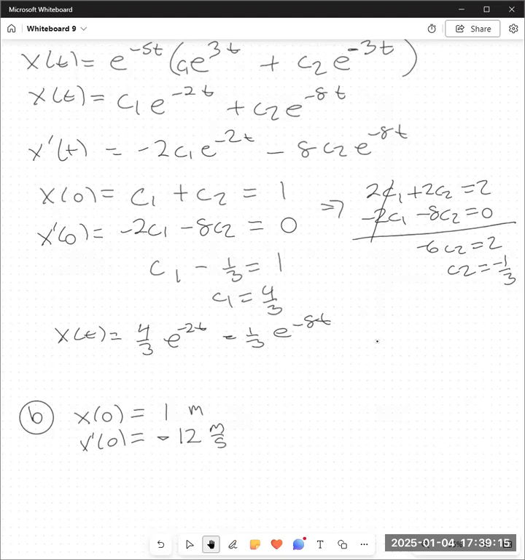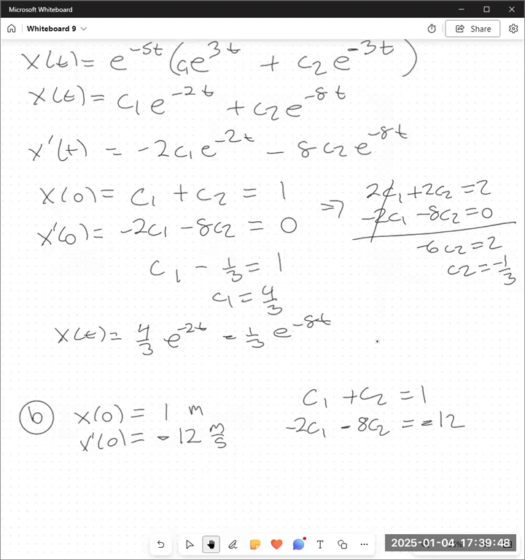Okay, so the only thing that's changed here is my equations now say C1 plus C2 equals 1, and negative 2C1 minus 8C2 is equal to negative 12.